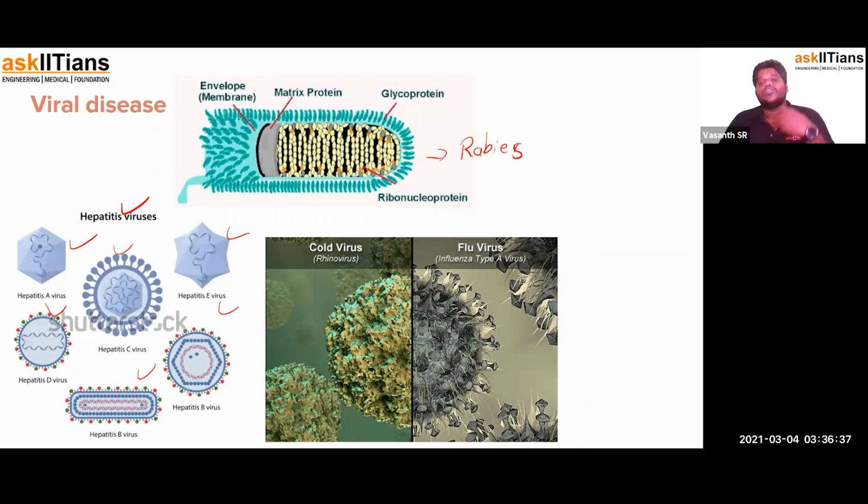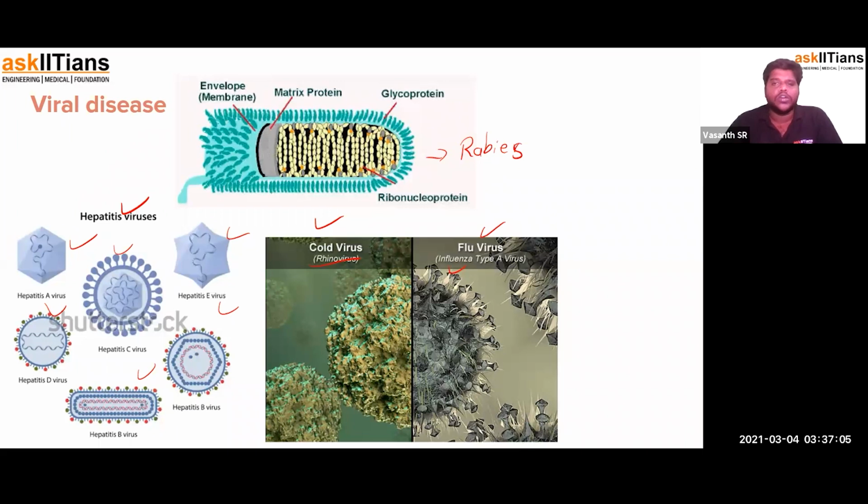And rabies could be transferred through several organisms. So you need to be very, very careful about it. And then we have the cold virus. The virus that causes cold is usually rhinovirus, which is very famous. And sometimes we have flu. We have lots of types of flu, and this is one type of virus which causes influenza, the type A virus.